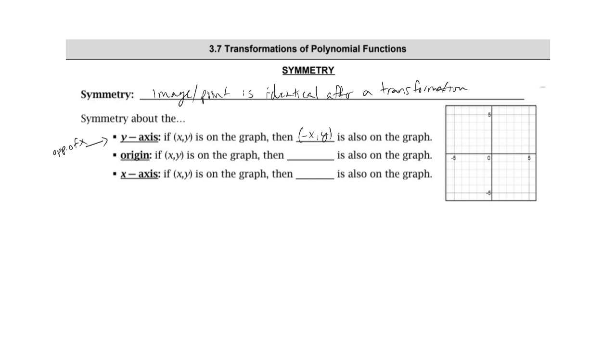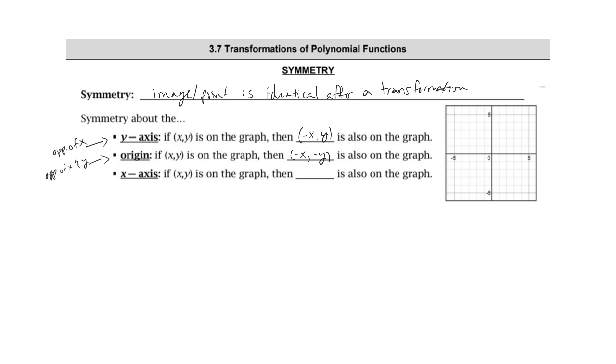For the origin, it's the opposite of x and y. So if it's symmetric about the origin, then our (x, y) and (-x, -y) are also on the graph.